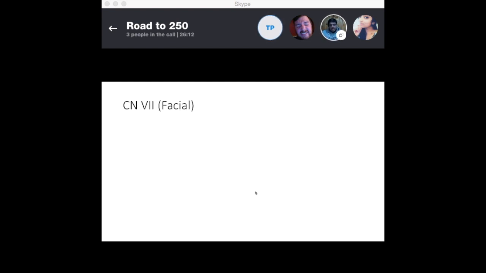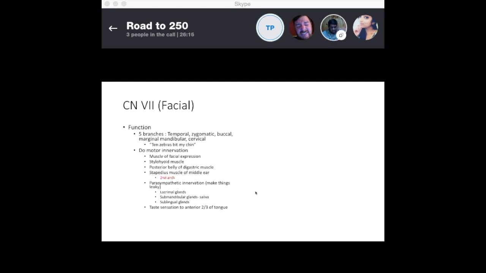Cranial nerve 7 is your facial nerve. This is motor and sensory, and has 5 branches, as you see in here: temporal, zygomatic, buccal, marginal, mandibular, and cervical. You can remember it as 10 zebras bit my chin. It's one way I've seen it.